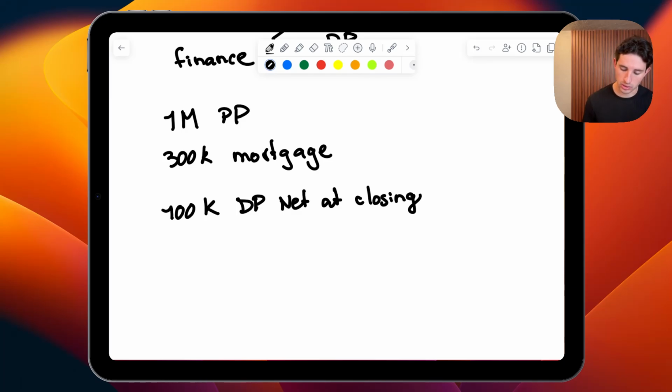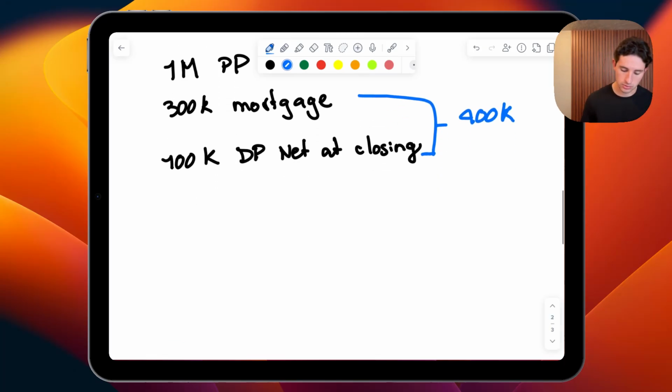That means that between these two, easy math, is 400k. So the remaining equity is on seller finance. So this means 600k in seller finance. That's just the remaining equity.